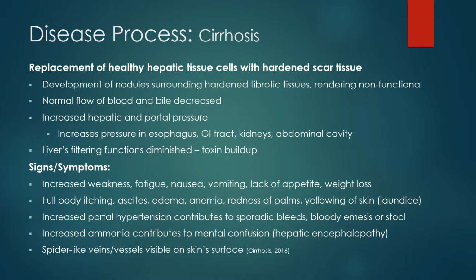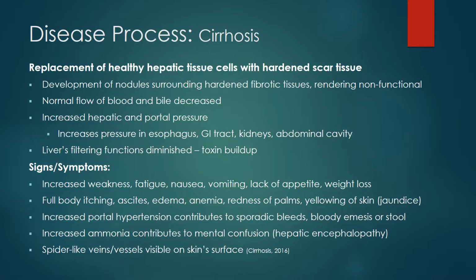So the pressure builds up within the liver to every vein and vessel that's left, but then it also increases portal pressure, and that in turn increases pressure in various other parts of the body. So within the esophagus, all along the GI tract, within the tubules of the kidney, and then within the abdominal cavity itself.